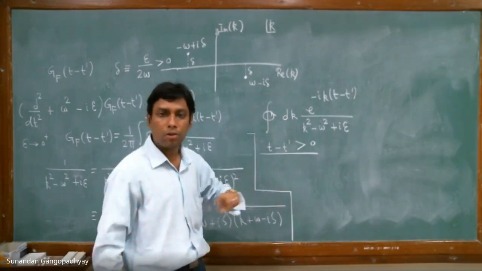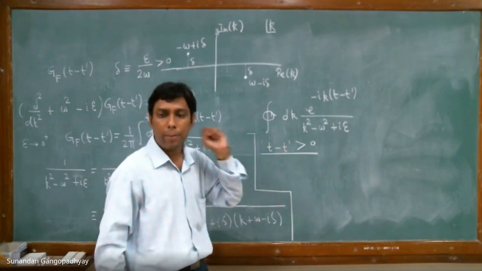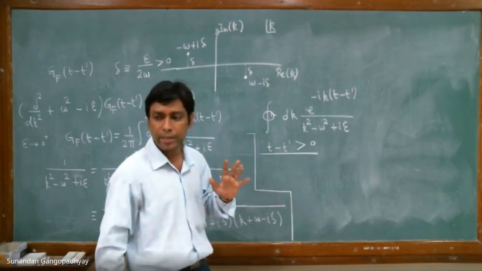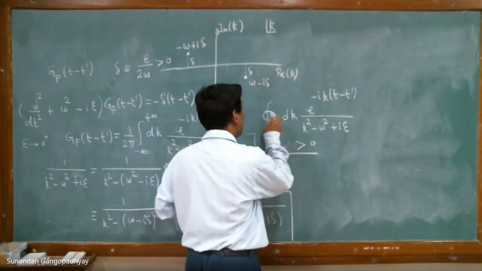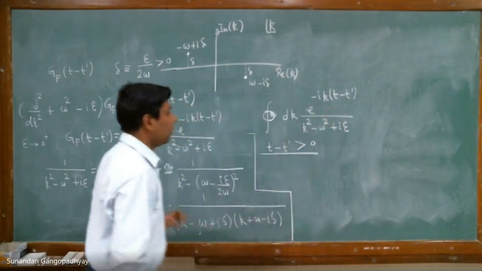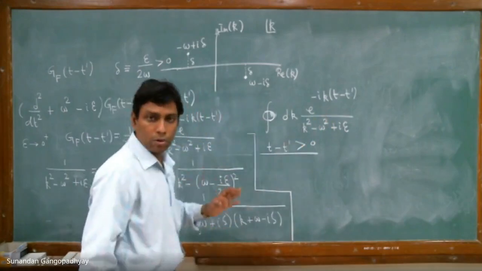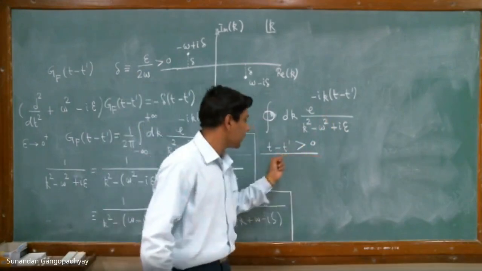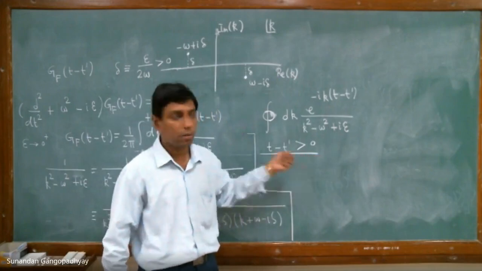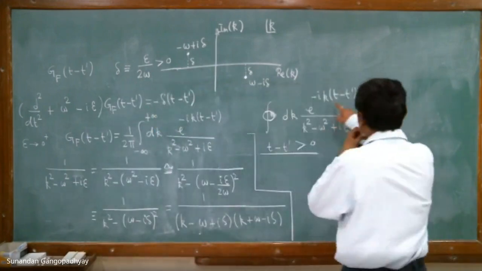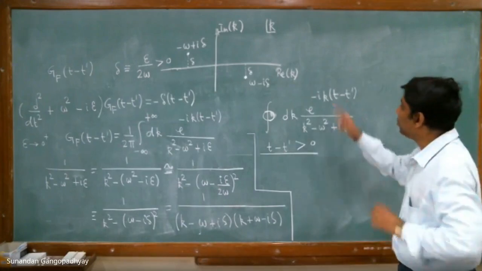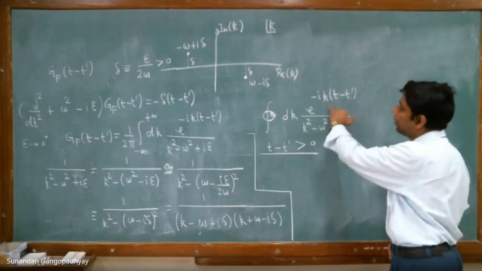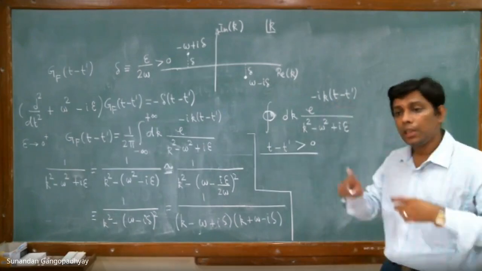Do you close the contour in the lower half plane or in the upper half plane? So that is the question that you have to keep in mind. To decide where to close the contour, first let us consider the case that t minus t prime is greater than 0. Then this thing is positive, and you need to close the contour in the lower half plane.